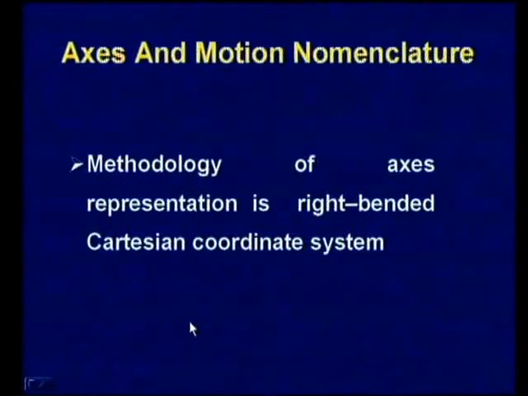Next is axis and motion nomenclature. Methodology of axis representation is the right-handed Cartesian coordinate system. As we know, whenever you take any point in space which has 6 degrees of freedom or 12 degrees of motion, the motion will be in the linear axes, that is x, y and z.